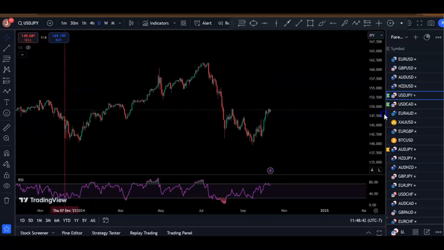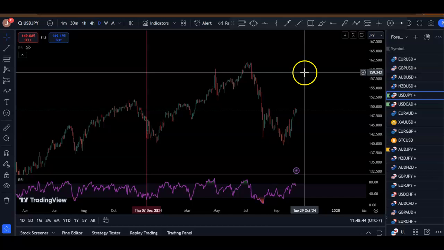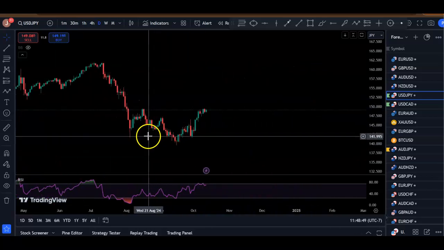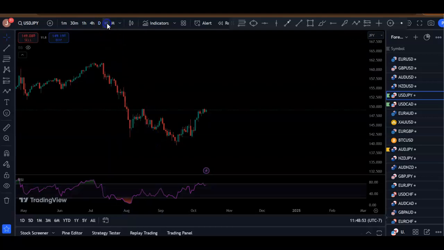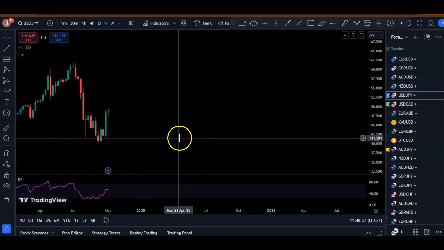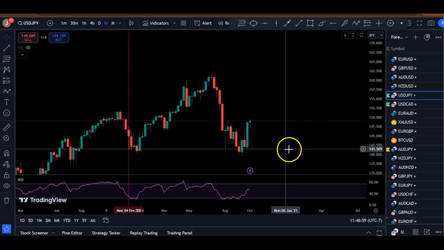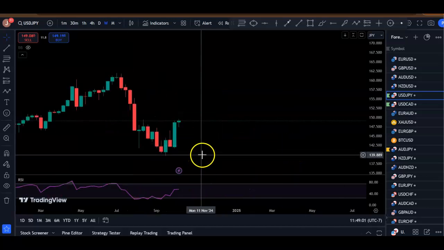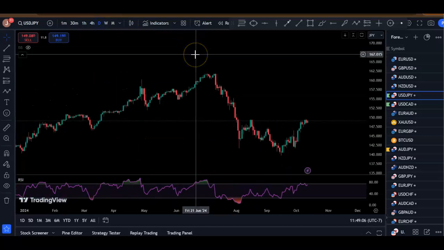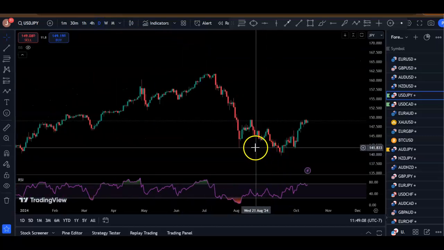USD/JPY. Okay, this one just looks a little bit different. So the last real broken structure, I see it over here, but if I go to the weekly, that's like a double bottom, if you can see that. We have a double bottom, this area and this area over here.